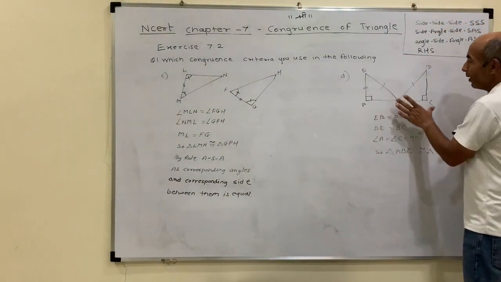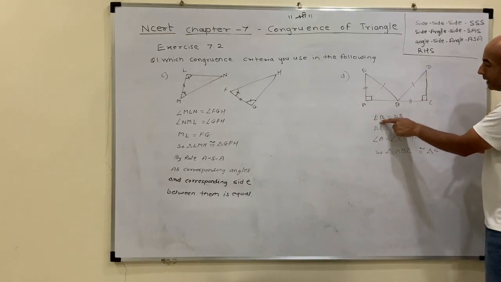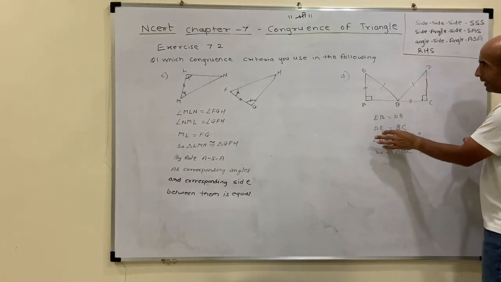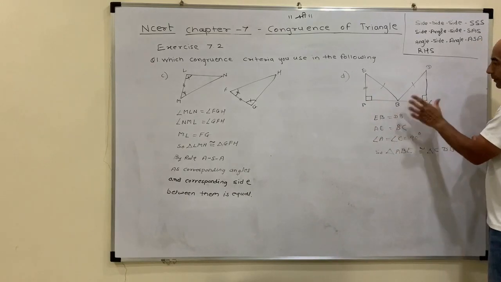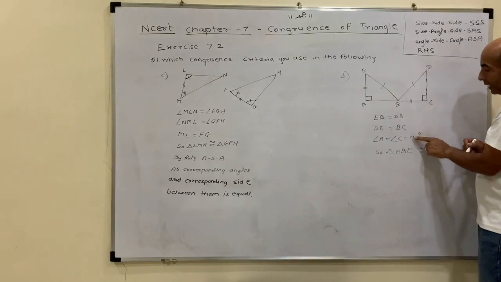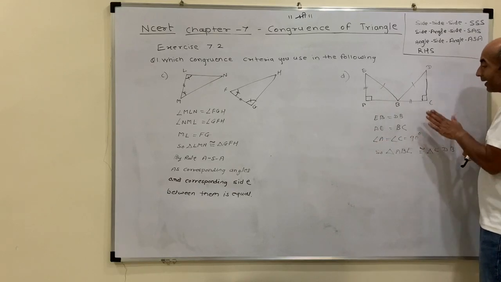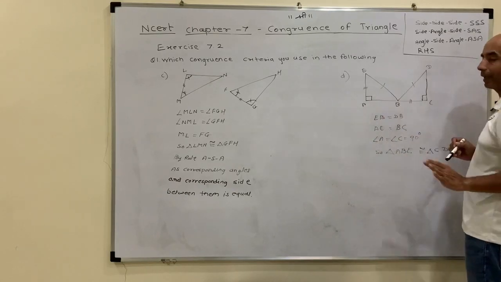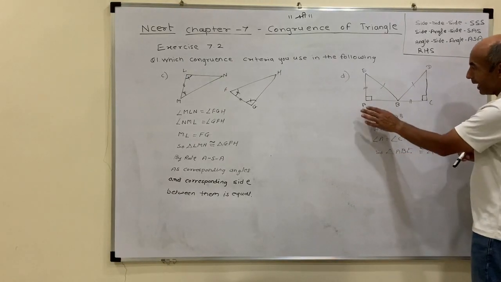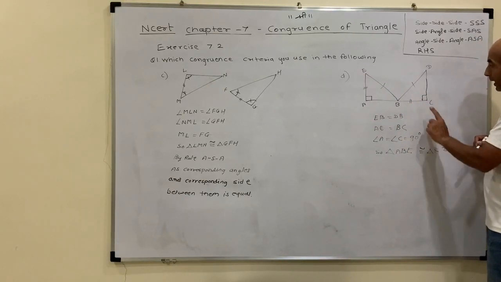Now look at problem D. Here they have already given the double marks in the diagram. EB is equal to DB, AE is equal to BC, and angle A equals angle C equals 90 degrees. So angle A and angle C are 90 degrees, therefore they are right angle triangles. Triangle ABE is congruent to CDB.